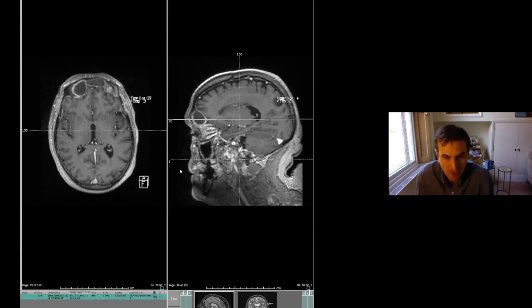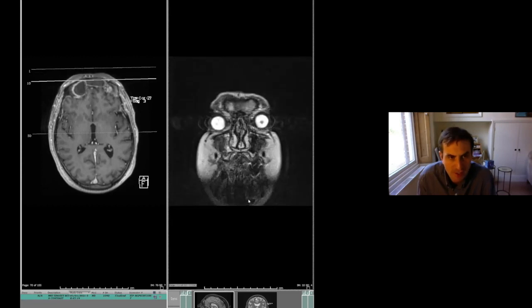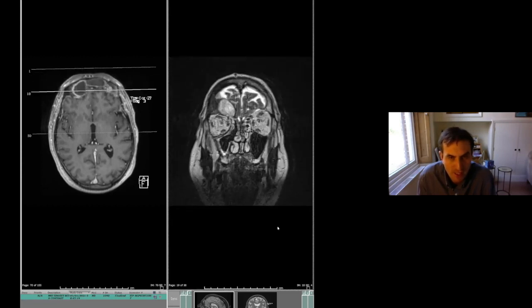Well, I'll give a little potted history on this one. This was a gentleman that was referred to our clinic with a 4-month history of discharge over his right eye. I don't know if we can scroll the sagittal sequence there just to identify the anterior border of the right frontal sinus.